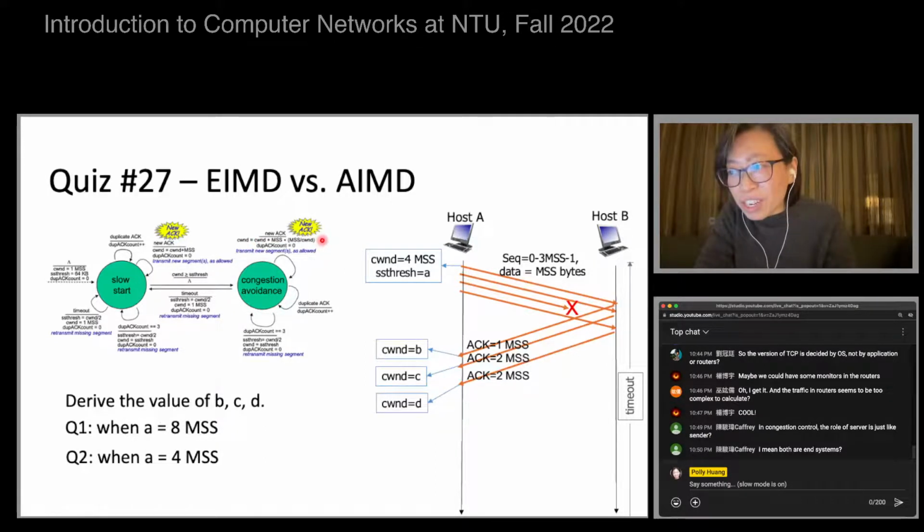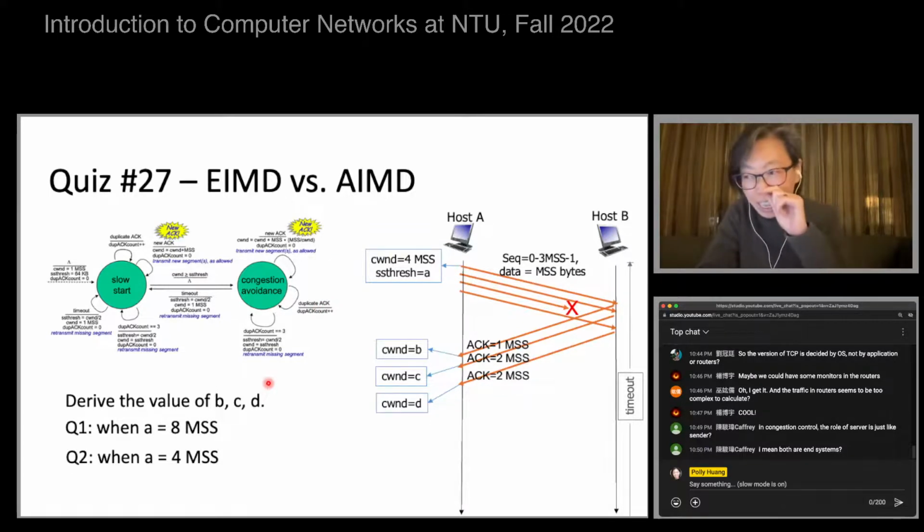We only change it by 1 MSS per window. So if the window size is 4 packets, we increase only 1/4 of a packet size. That way, with 4 ACKs, you increase only 1 packet.